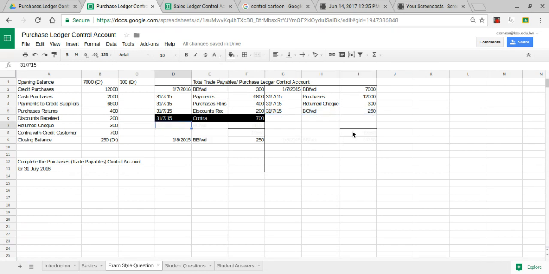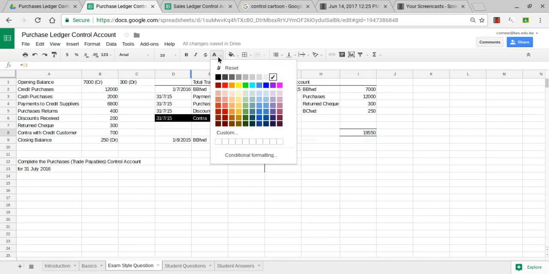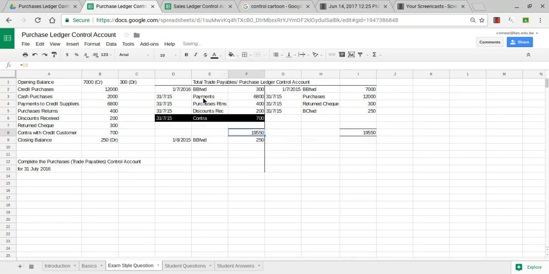Then we total up the credit side because that's always going to be the bigger side on a purchase ledger control account. Put the same amount on the debit side, so it's standard balancing off that's hopefully easy by now.